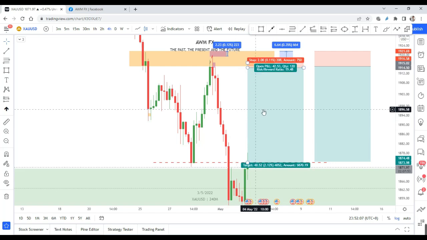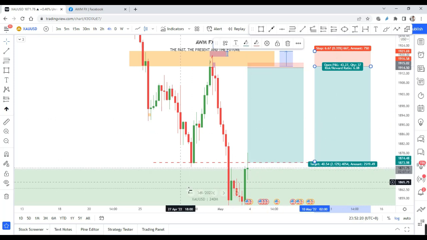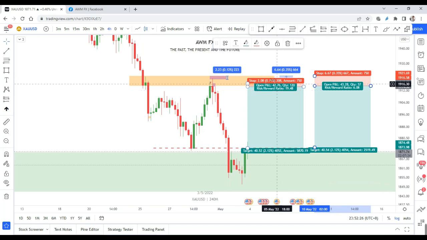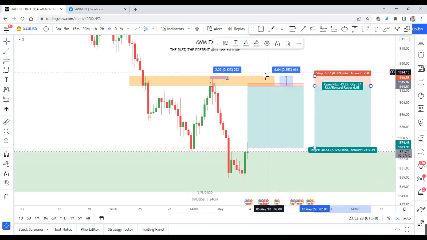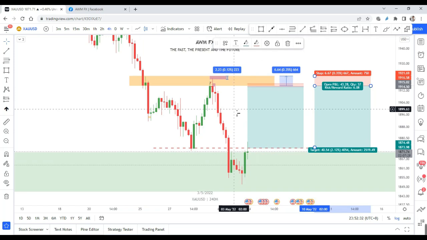So you can see the advantage of multi-time frame analysis. It will not only prevent you from taking a wrong trade in the danger zone, but it will also give you a good sniper or precise entry, which gives you a good risk reward ratio and can grow your account very, very fast.